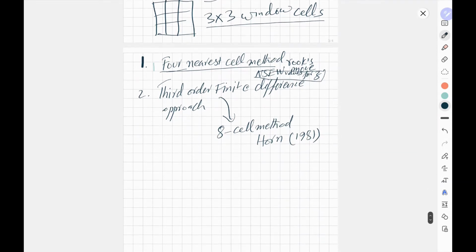The first method is used in a software named Surfer, while the second method is used in ArcGIS.